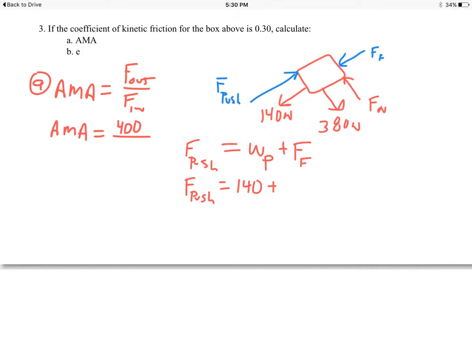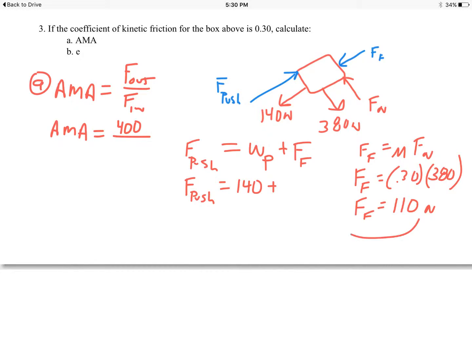Let me do that off to the side. Force of friction is the coefficient times the normal force. The coefficient here is 0.30. The normal force is 380. It's equal to the weight perpendicular, the normal weight. Force of friction comes out to be 110 newtons.